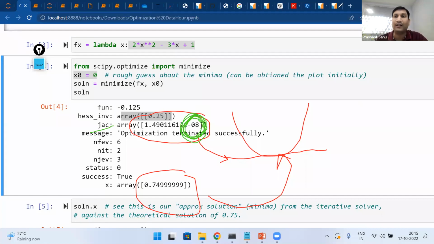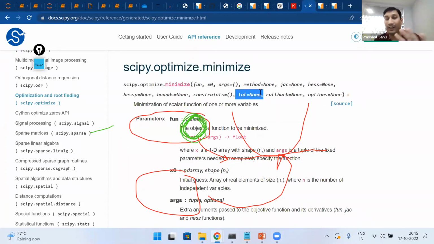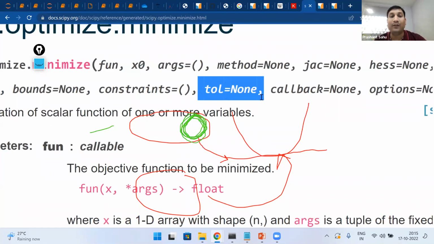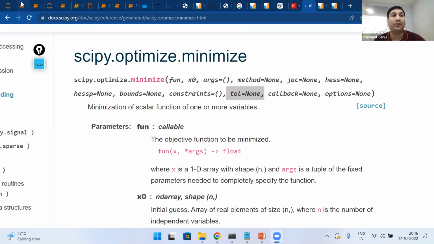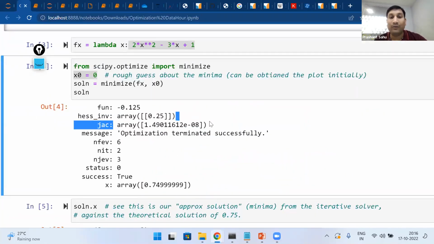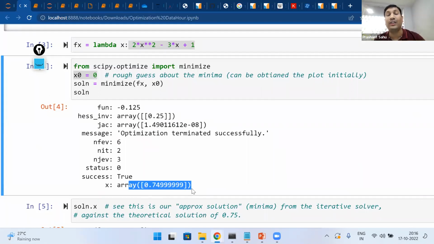I don't want to go into all that, but there is a default value of that tolerance. Depending on what tolerance you impose, this value can increase or decrease. So moral of the story, this tells you that our derivative is fairly close to 0, which means this solution is reliable. Okay, any question?